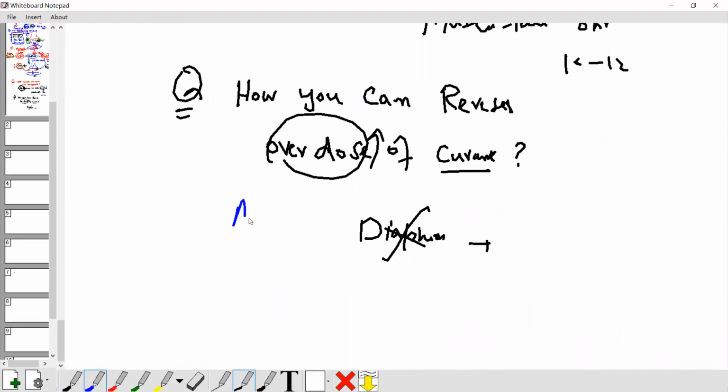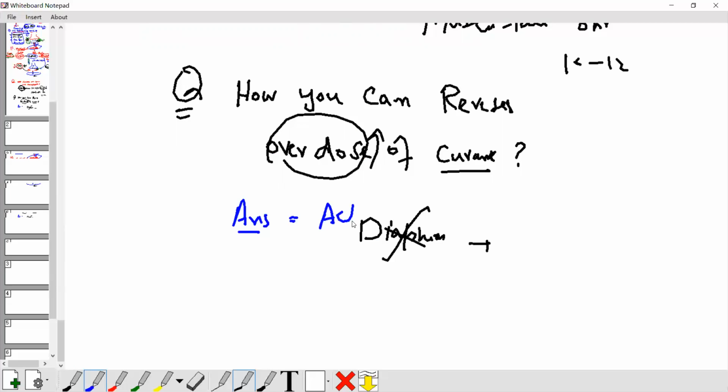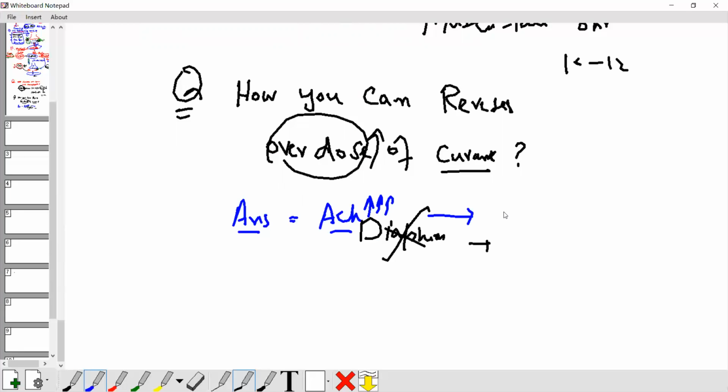The answer: increase acetylcholine. Understand? So how can you increase acetylcholine? Using what? This was done in the last chapter.